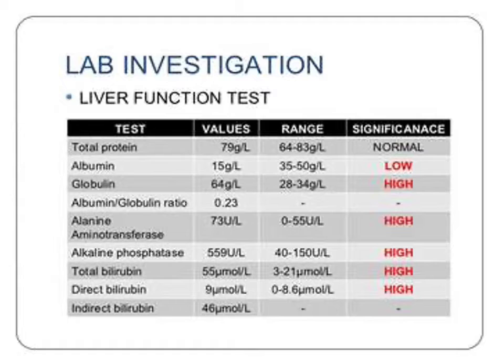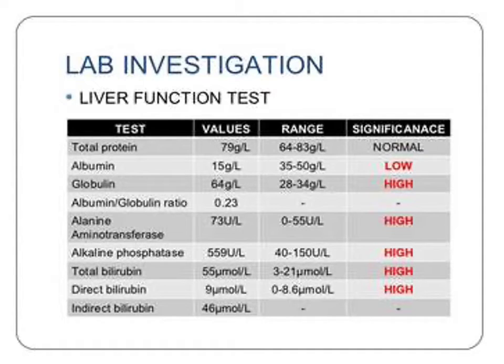To reinforce our diagnosis, we have to make laboratory investigation, and the liver function test consists of total protein, albumin globulin ratio, alanine aminotransferase enzyme, alkaline phosphatase enzyme, total and direct bilirubin and indirect bilirubin.